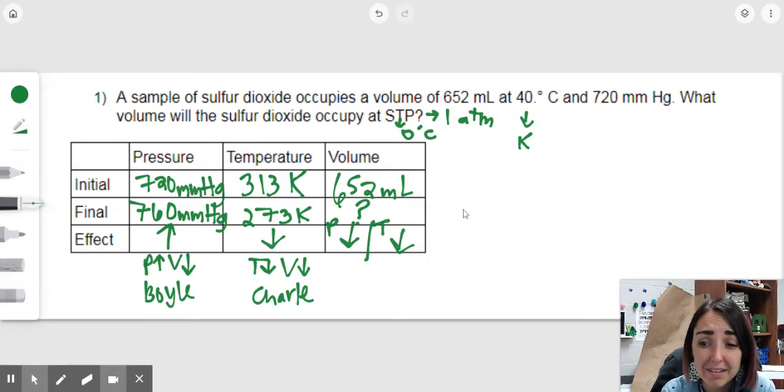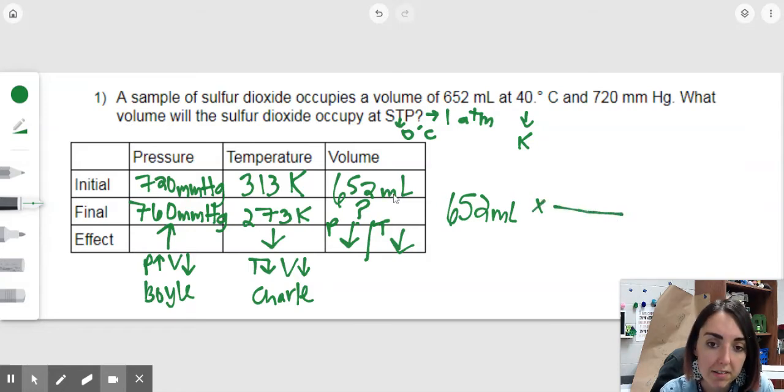So it makes this one kind of easy, because we know that our volume needs to go down on both accounts. So we're going to set it up just like usual. So I have my 652 milliliters. I'm going to start with pressure. My pressure makes my volume go down, so I need the small number on top.